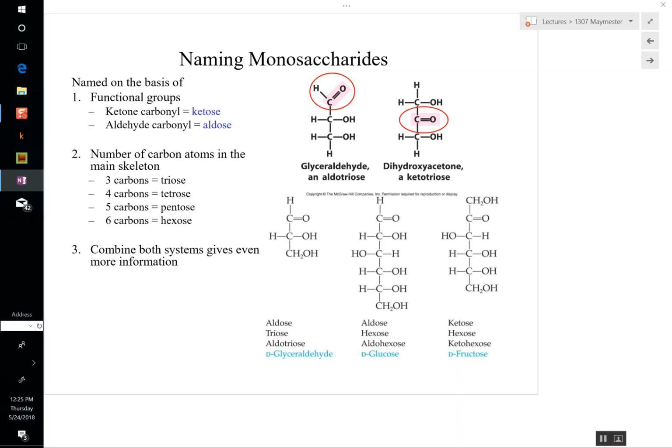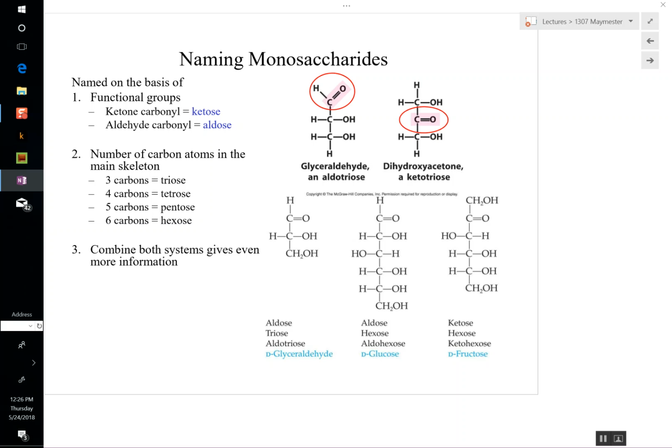Here is the carbonyl here in fructose. We're gonna put that up towards the top. This is carbon number 1, 2, 3, 4, 5, 6. And what you will find, even when it is a ketone, it's usually on the second carbon. I'm not sure of an exception to that. I don't know of an exception to that. So the carbonyl is always either right at the top or in position number 2.